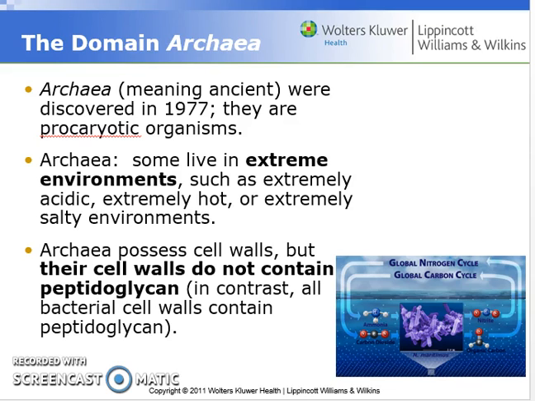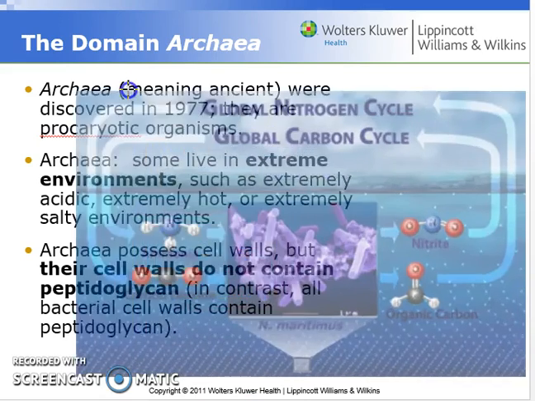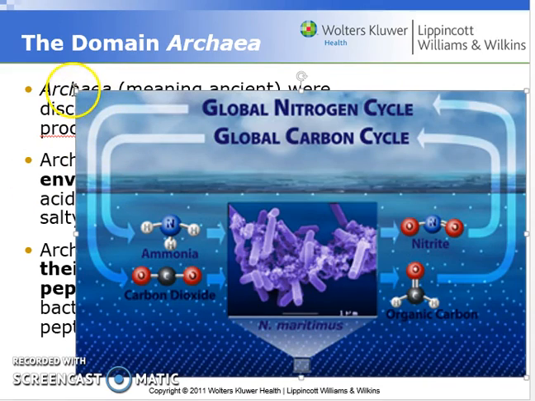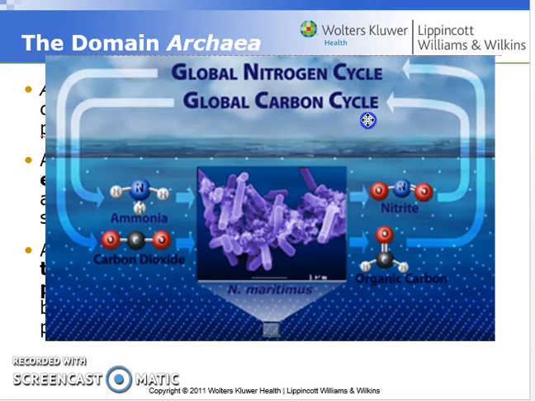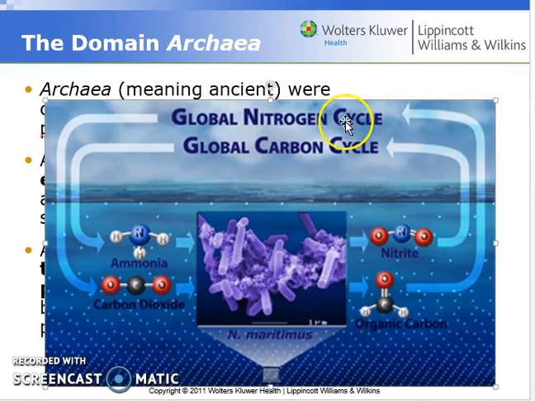But for the most part, archaea are going to be absent of peptidoglycan, which is a definitive characteristic of their structure. And here's an example, Maritimus, which is an archaea organism that resides inside the oceans, and it uses carbon dioxide as well as ammonia to generate nitrite, as well as organic carbon to be released, and fits in with the global nitrogen and global carbon cycle.